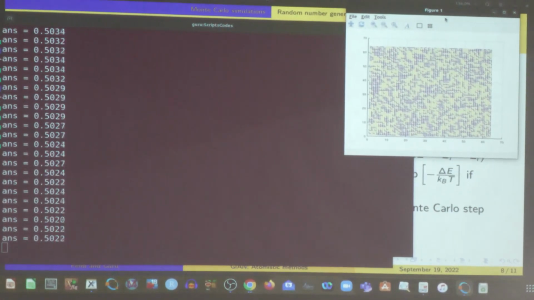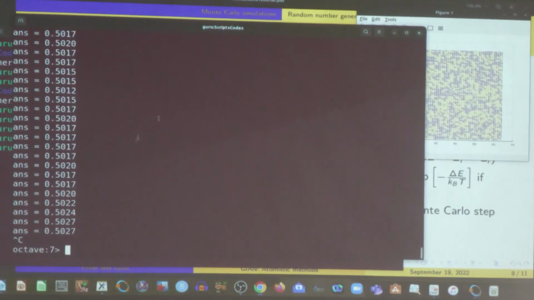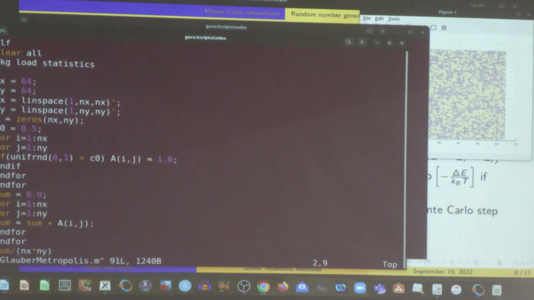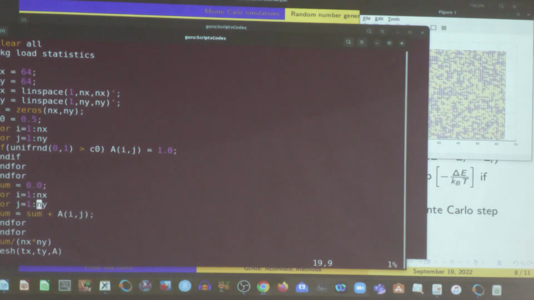Temperature is a bit high, yeah. So, let me, it is 10 already, but maybe.